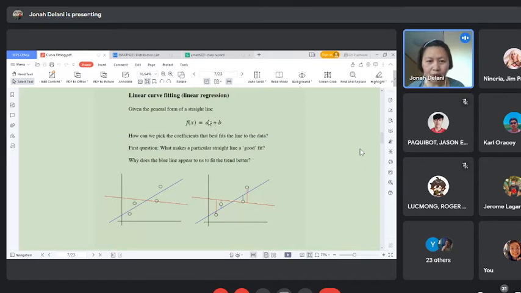How do we solve for a and b? So kung tanaw nato siya, we can have a line that describes these 4 points, kaning blue. Or we can have a red line diha. So which of these lines would fit better?